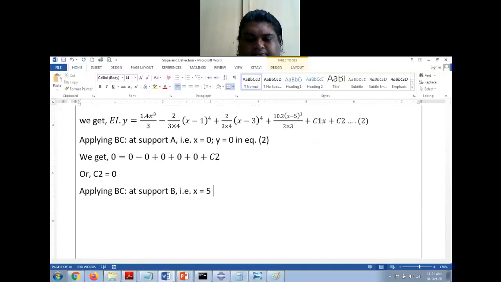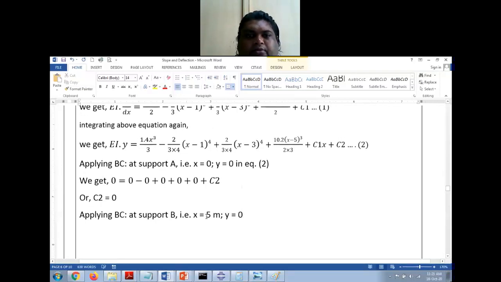X equal to 5 meter, y is again 0. Correct? Now substitute that value in equation 2. In equation 2, what do I get?